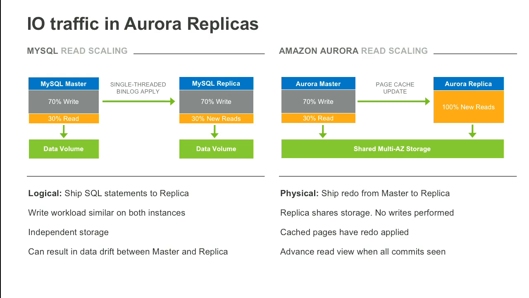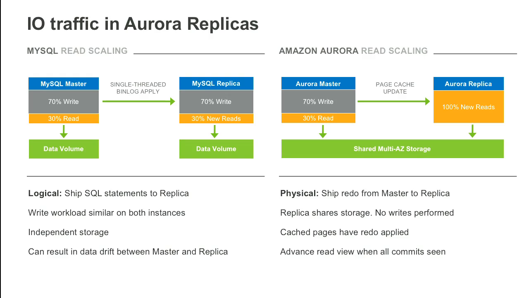So in the traditional model, this happens logically. You're shipping SQL statements to replicas where they're being applied, and you're going to have a write workload that's roughly similar on both your writer and your replica instance. Over time, many of our customers have talked about, in the traditional MySQL context, drift. The drift can be even on the order of minutes between the master and the replica.